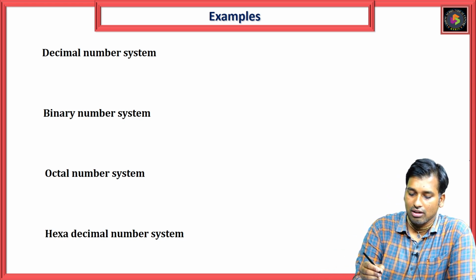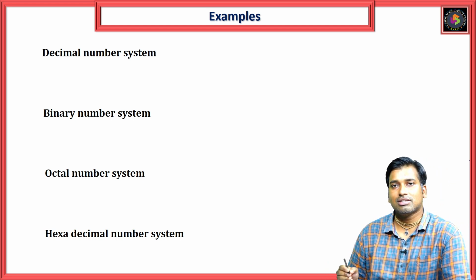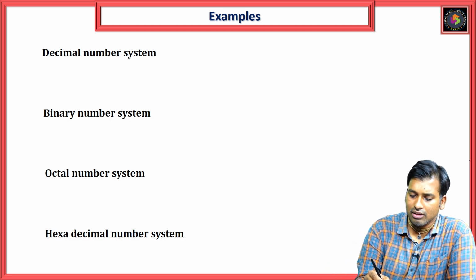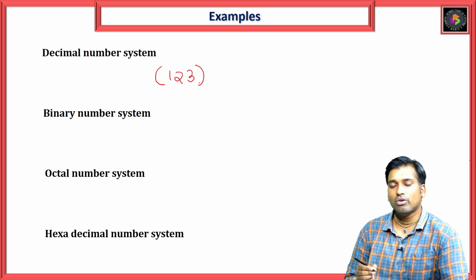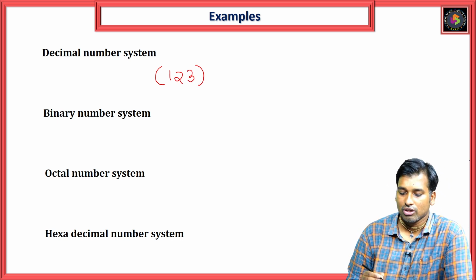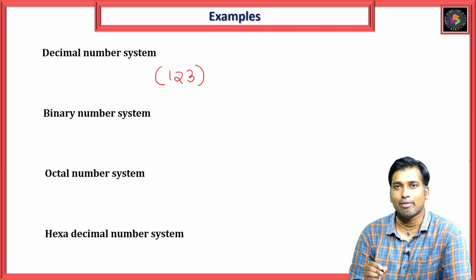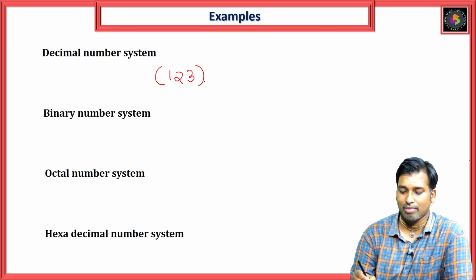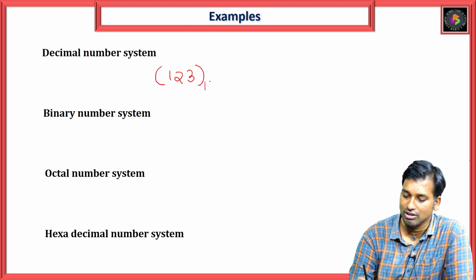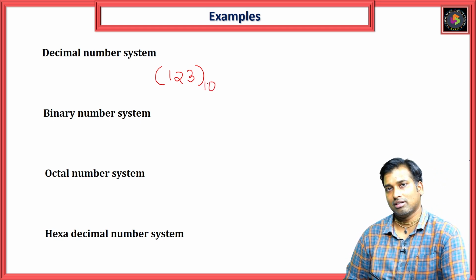For example, as I said, each number system has a base. The decimal number is represented from 0 to 9. So for example, let us take 123. So how do we know whether this is decimal number or not? So we have to represent each number with a base. So the decimal number system has a base 10, therefore it is represented as 123 base 10.